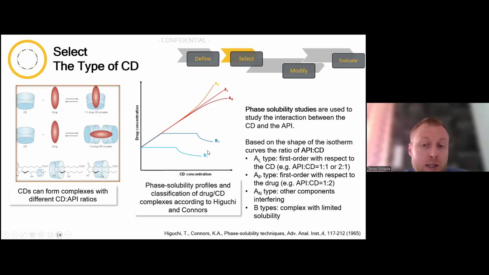There are types of complexes, these B type isotherms and B type complexes, where the complex is not soluble in water at all, the BI type, or the complex has a plateau solubility. So there is a solubility limit until it increases, and then it precipitates out of the solution. But of course, in the majority of the cases, typically with the modified cyclodextrins, what we see is a linear or close to linear correlation between the concentration increase of the cyclodextrin and the solubilization effect.